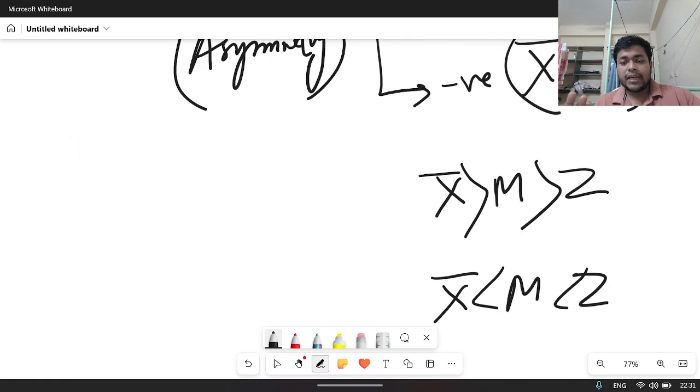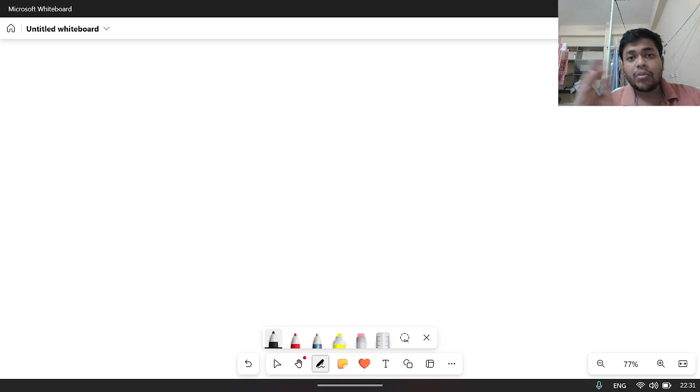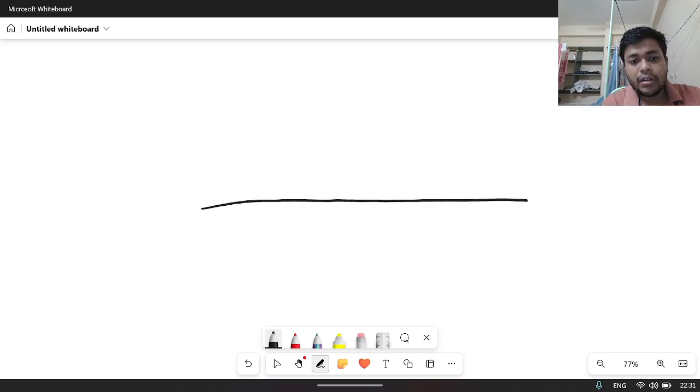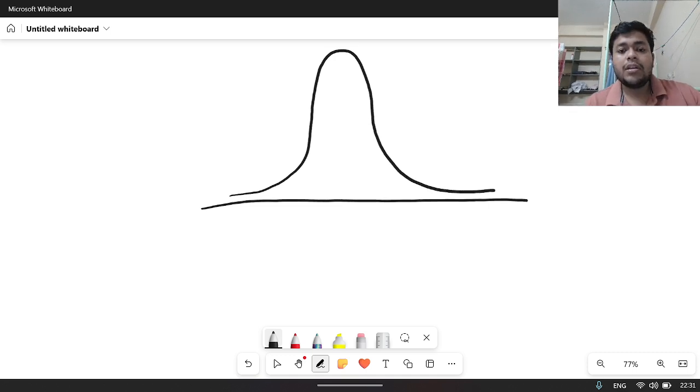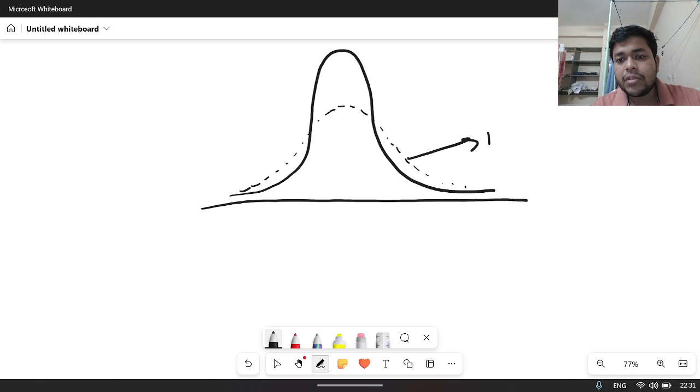Let's move on to the second variation from normal distribution, which is, let me directly draw it. Okay, so we can see a graph here. What would have been the normal distribution? The normal distribution would have been somewhat like that.